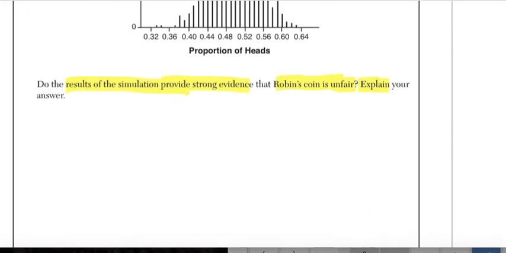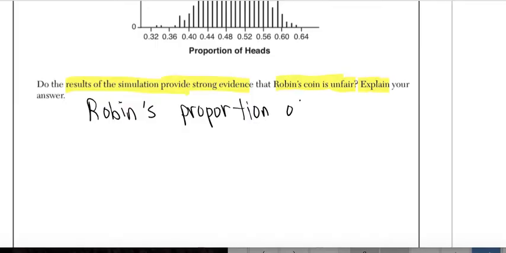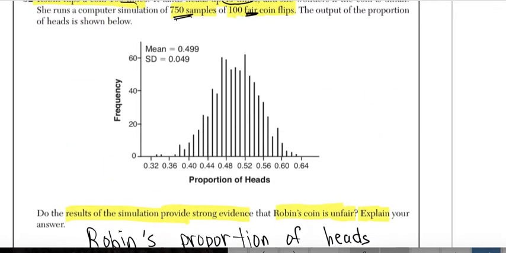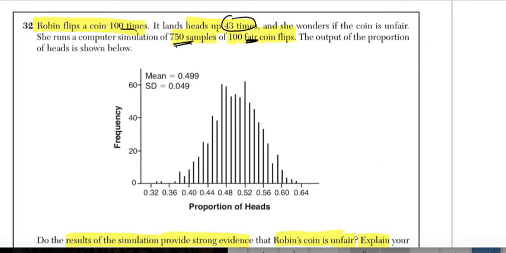So I'm going to start off by saying Robin's proportion of heads was 0.43. That was the 43%, right? 43 out of 100. Now, we want to see if that would be unfair. To me, it sounds like it wouldn't be.